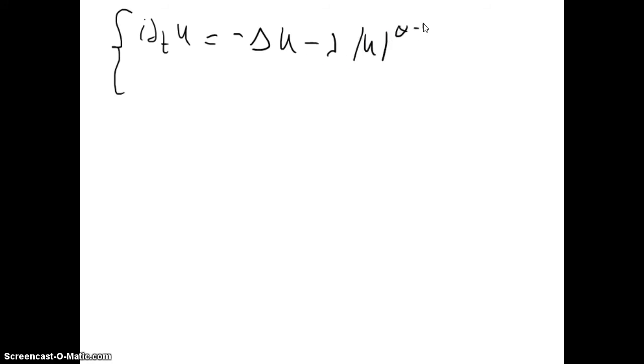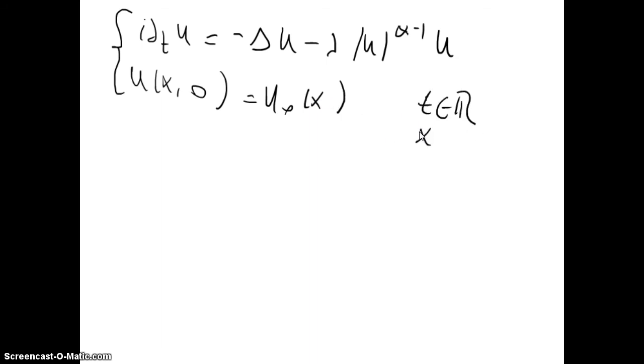Okay, so let's go back to the nonlinear Schroedinger equation. The first time we express it the following way: i ∂t u minus Laplacian u equals lambda |u|^(alpha minus 1) u, with u(x,0) = u0(x), t in R, x in R^n.